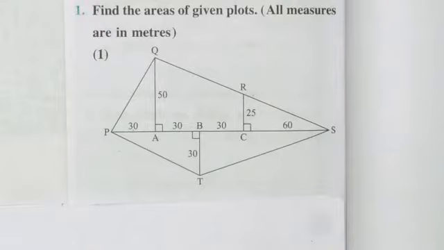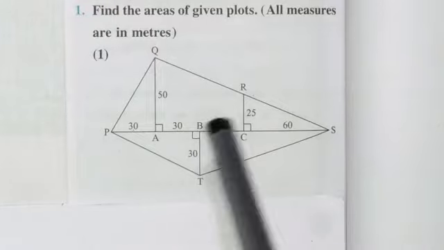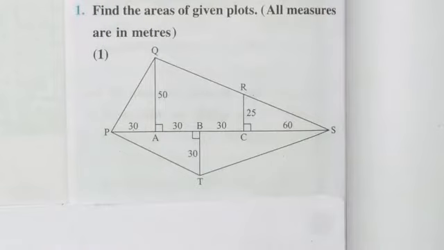So students, first of all you have to draw this diagram very systematically in your notebook, and then in the answer, at the starting only, we have to write what is given in the diagram. But students, the question may come to your mind: how to find out the area of this whole plot? For that, I have just explained to you now that we have to divide this figure or the whole plot into small sections or small geometrical shapes.